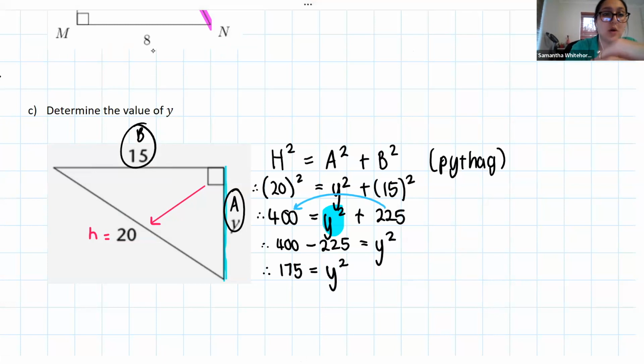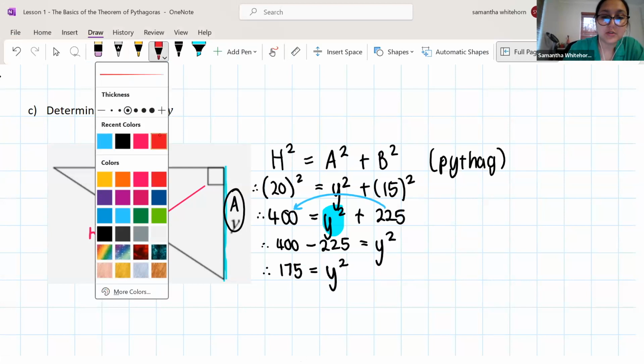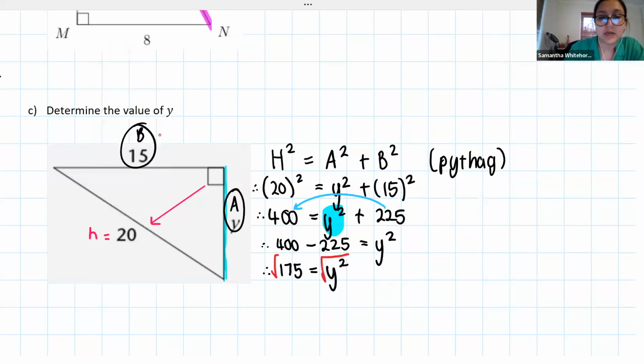And again, we don't want y squared, we want y. So we need to square root both sides in order to get y alone. So the square root of 175, which is not a nice answer, but it doesn't matter, is 13,23 units, which gives us our length of y.